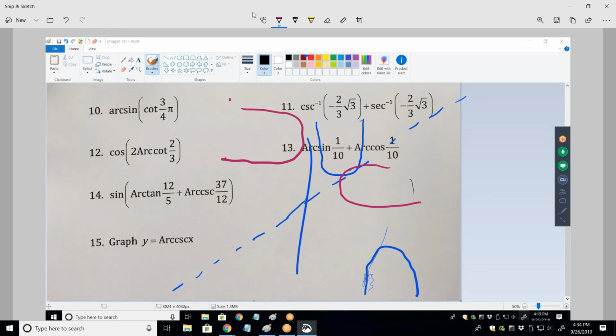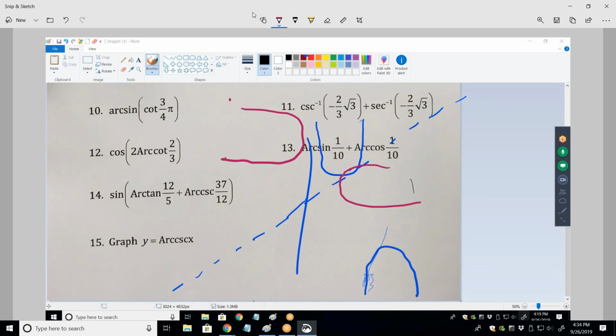Now, interestingly enough, those aren't functions. And that's important, which means that we have to restrict the domain on the cosecant function.